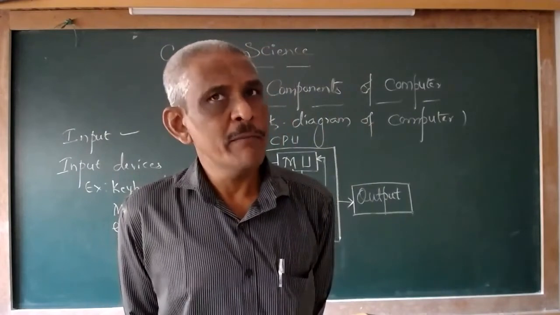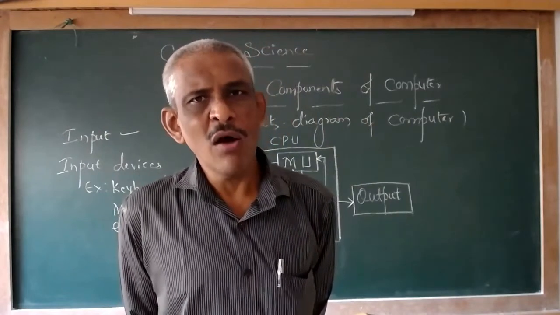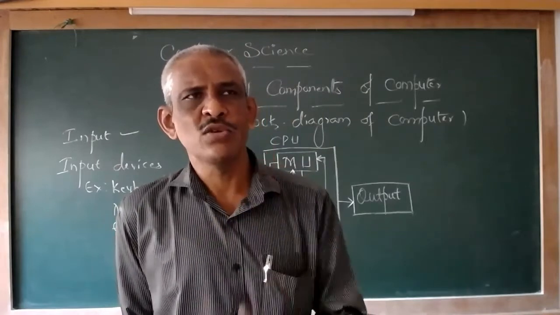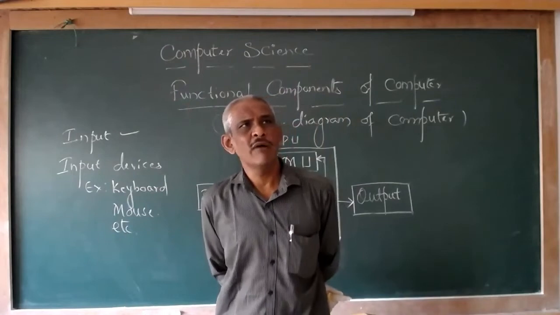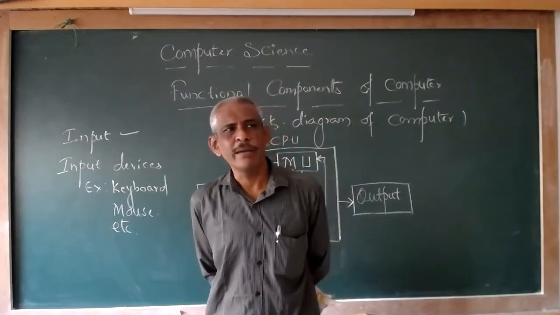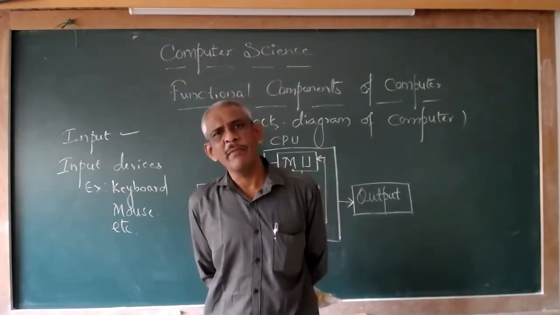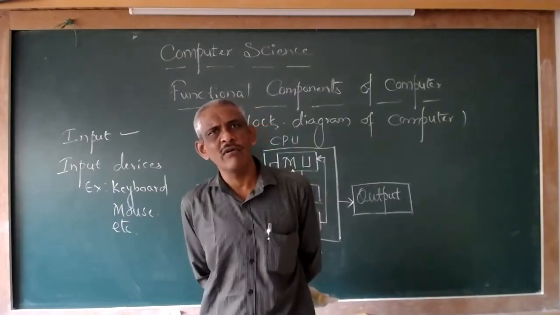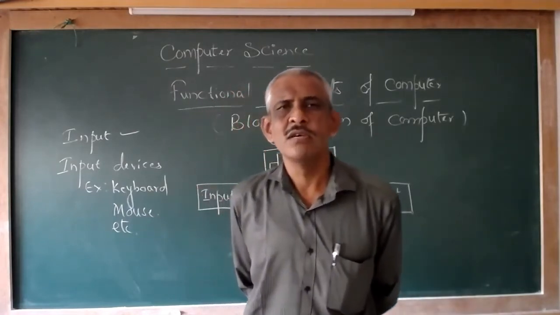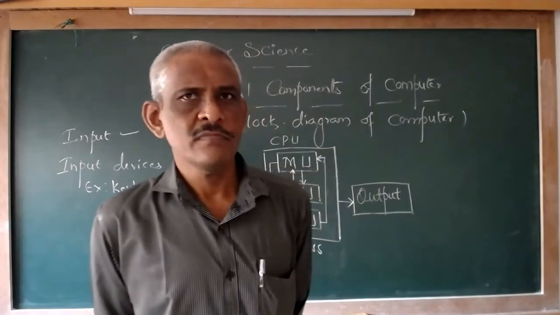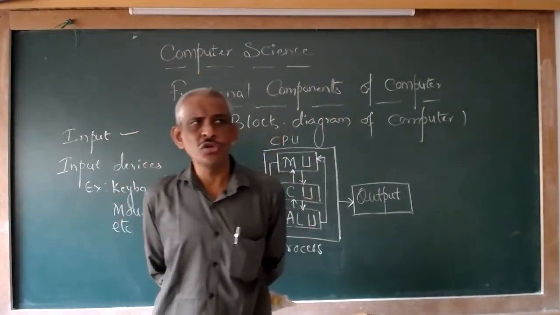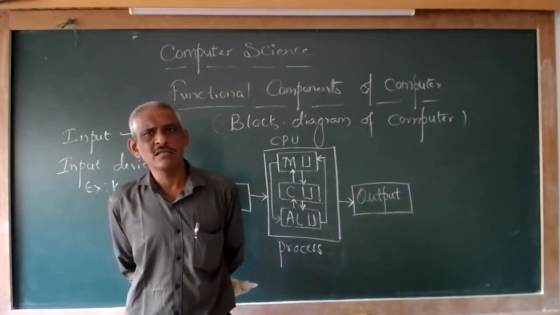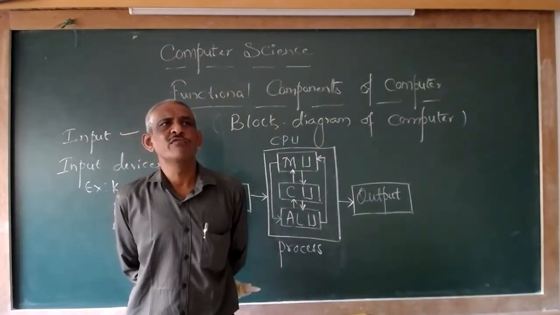It means in computers we have two types of memories. One memory is used for storing our data and instructions temporarily, and another memory is used for storing our data and instructions permanently.